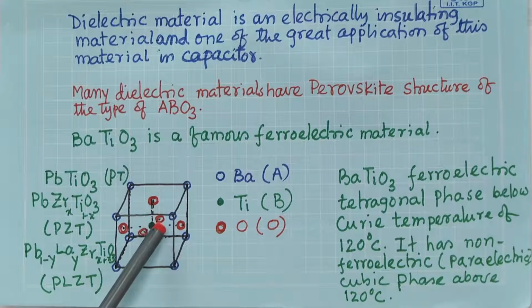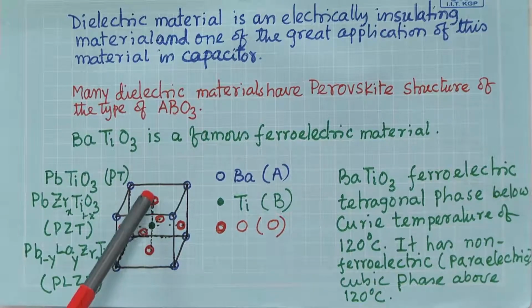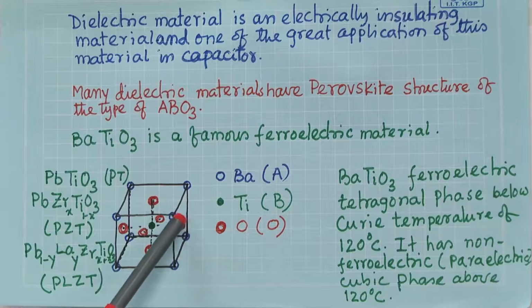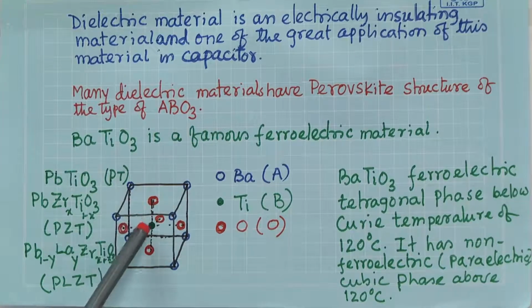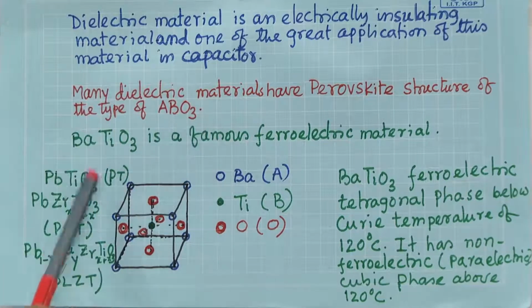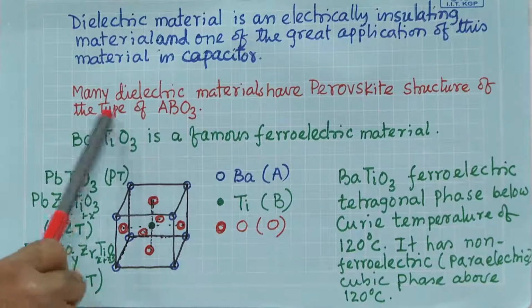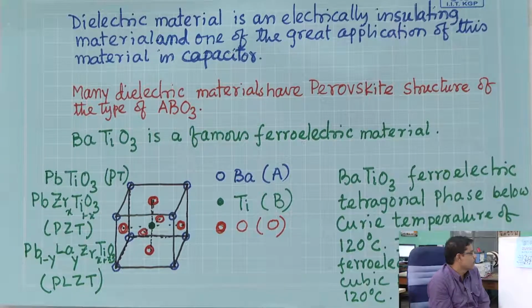There are 6 faces, and each face has half contribution to the unit cell, so from 6 faces it will be 3. So ABO3 is the chemical formula, and this structure is called the perovskite structure.